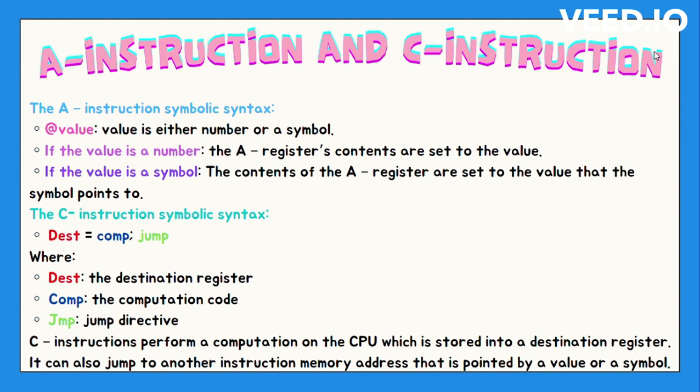If the value of the A instruction is a number, then the instruction will set the contents of the A register to the specified value in the instruction. If it is a symbol, then the instruction will set the contents of the register to the value the symbol points to, and this value will not be the actual value in the memory register.